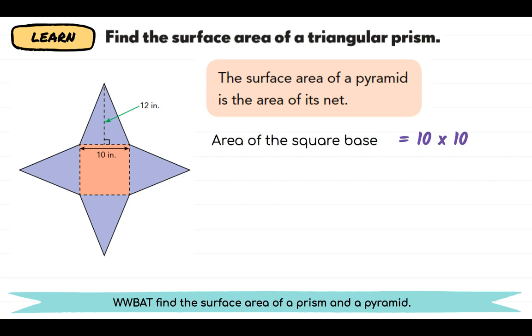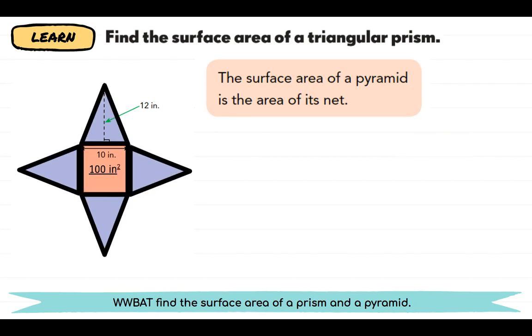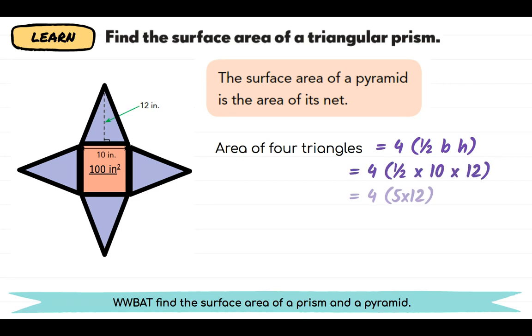Then we find the area of the square base by multiplying the side twice. So 10 times 10 is 100 square inches. Then we find the area of the triangular faces. For each one of them we can use 1/2 times base times height to find the area of one triangle, and then we multiply that by 4 because we have 4 triangles, and we realize that the area of these 4 triangles combined is 240 square inches.